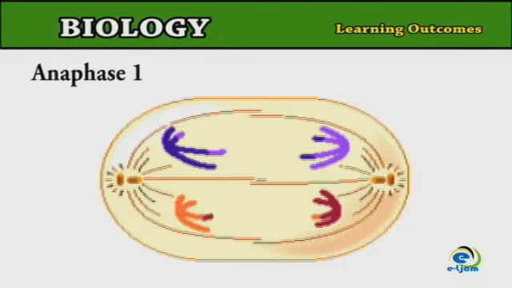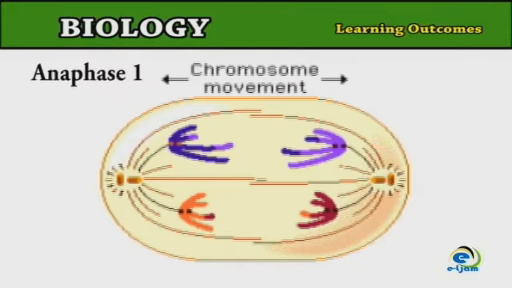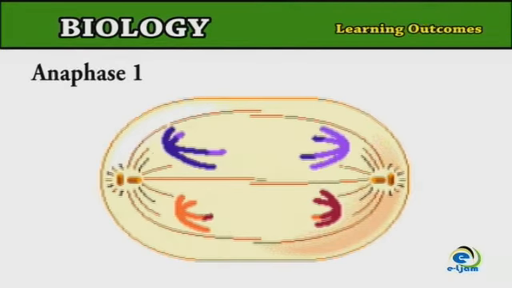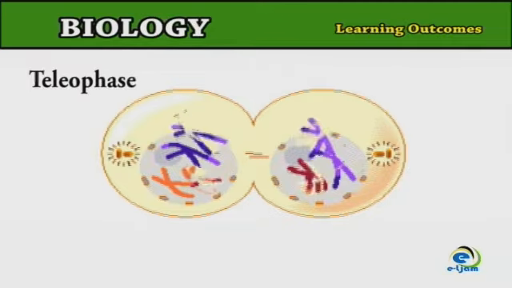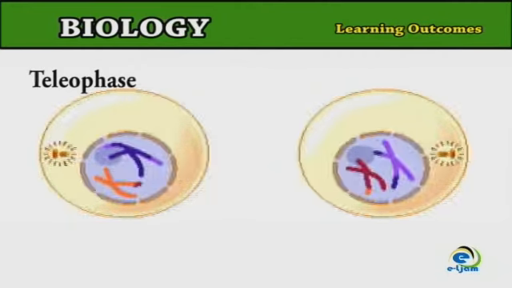The sister chromatids also separate slightly from one another along their length, except at the centromere. The final stage of meiosis 1 is telophase. During telophase 1, nuclear envelopes and nucleoli form around the 2 new nuclei and the spindle breaks down.